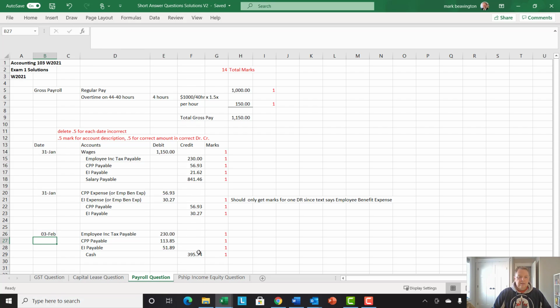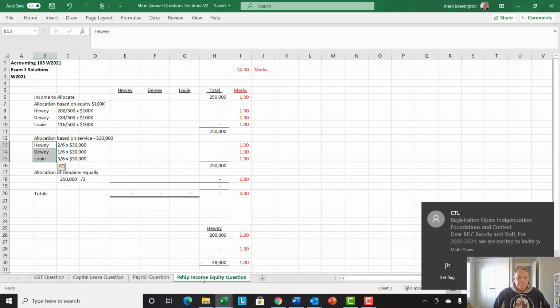So we know we got to pay the income tax that we took off of the employee's paycheck, the $230. Same thing with the CPP, so $56.93 twice. That's that $113. EI payable, $51.89 is just the $21.62 and the $30.27. And that all comes to $395.74. And so that would get you full marks if you did that.